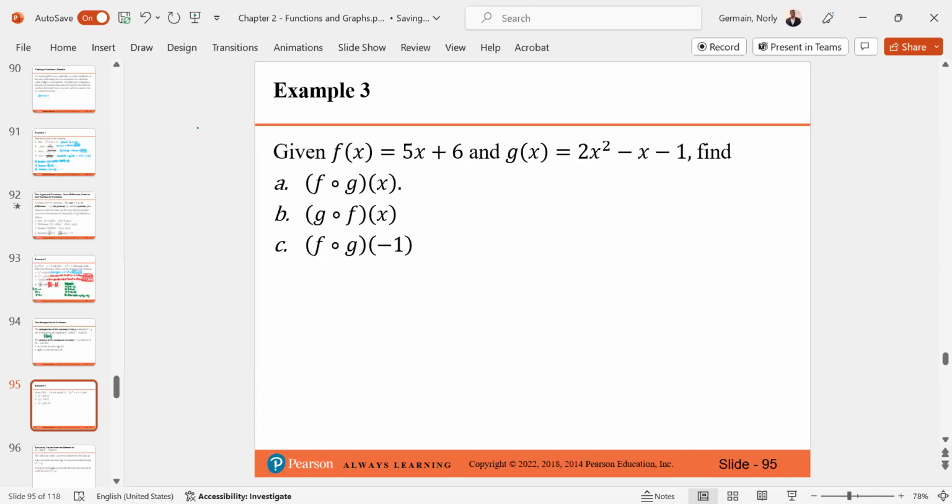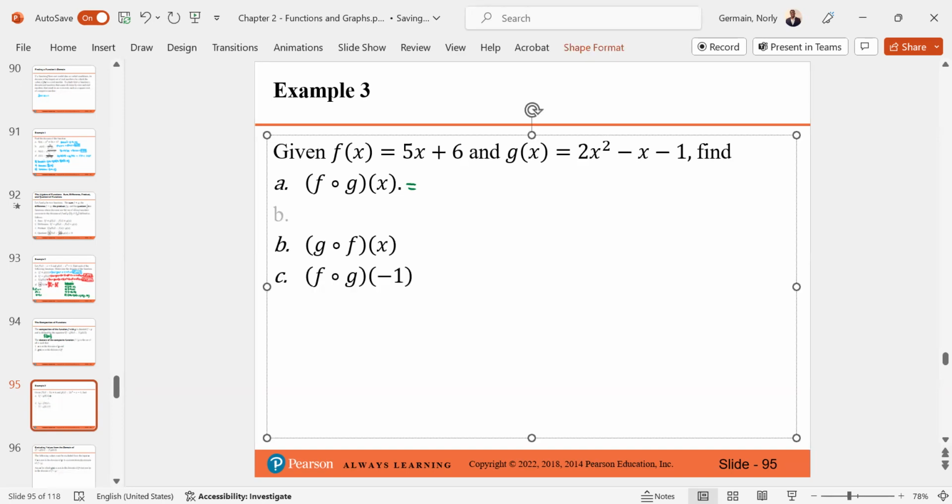For these examples, they're going to ask you, given these two functions, to find f∘g of x. That means everywhere in f, I'm going to make a big space.